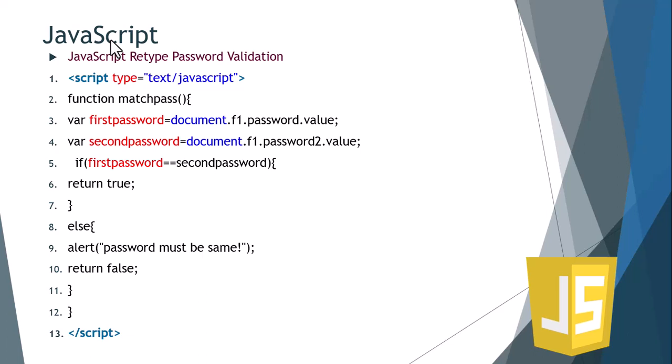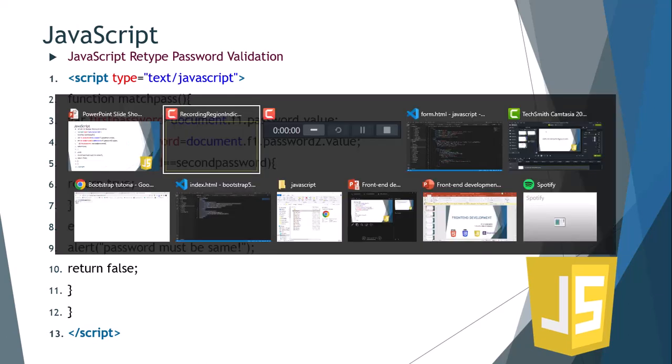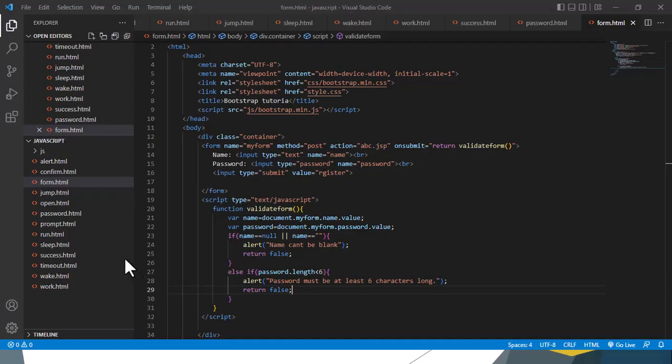They are checking if the passwords are the same. If they are not the same, you get a message that the password you inputted is wrong, or the password does not match. You understand? Okay, so without wasting much time, let's go to the text editor and show you how this works.